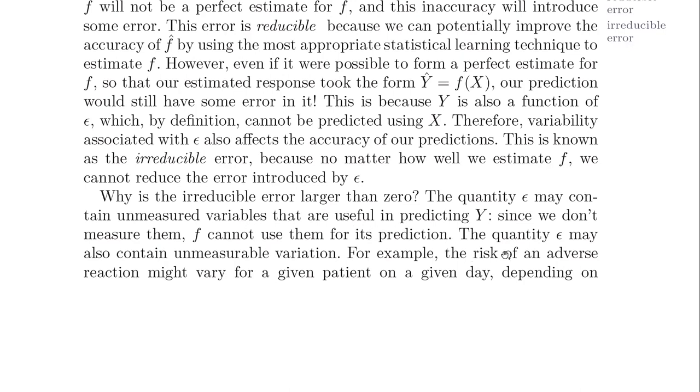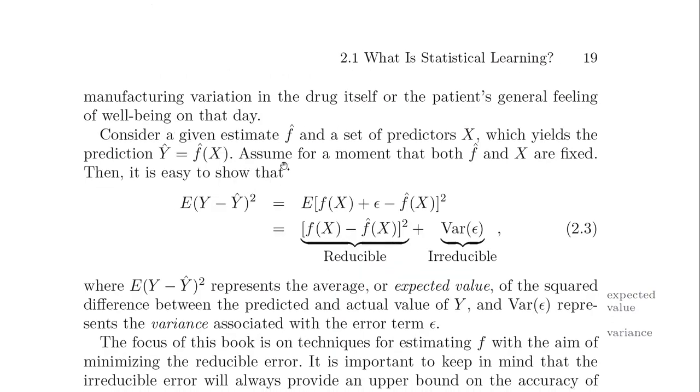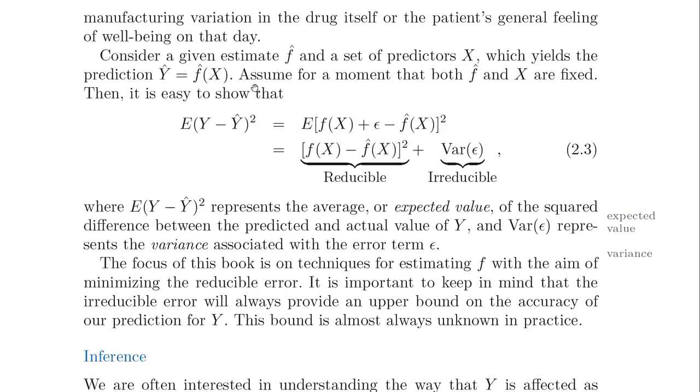For example, the risk of an adverse reaction might vary for a given patient on a given day, depending on manufacturing variation in the drug itself, or the patient's general feeling of well-being on that day. You may have heard of the placebo effect. If the patient knows that they're taking a drug, that sheer knowledge can actually have an effect.